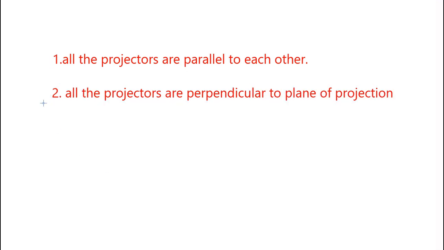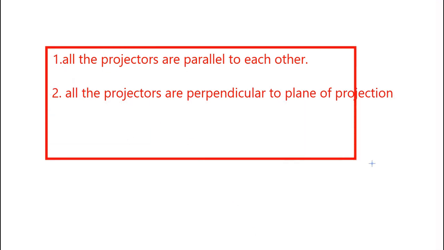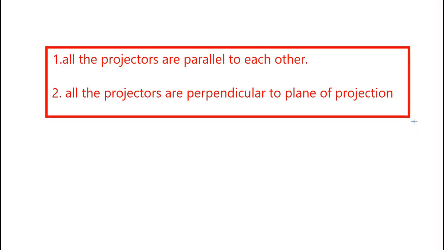So these are the main two requirements of the orthographic projection. That is, one is all the projectors are parallel to each other, and the second one is all the projectors are perpendicular to the plane of projection.